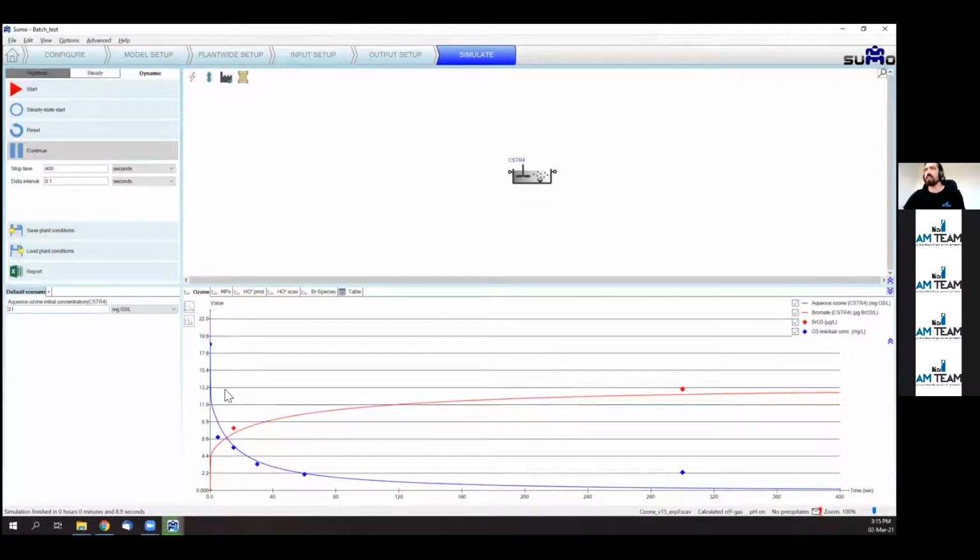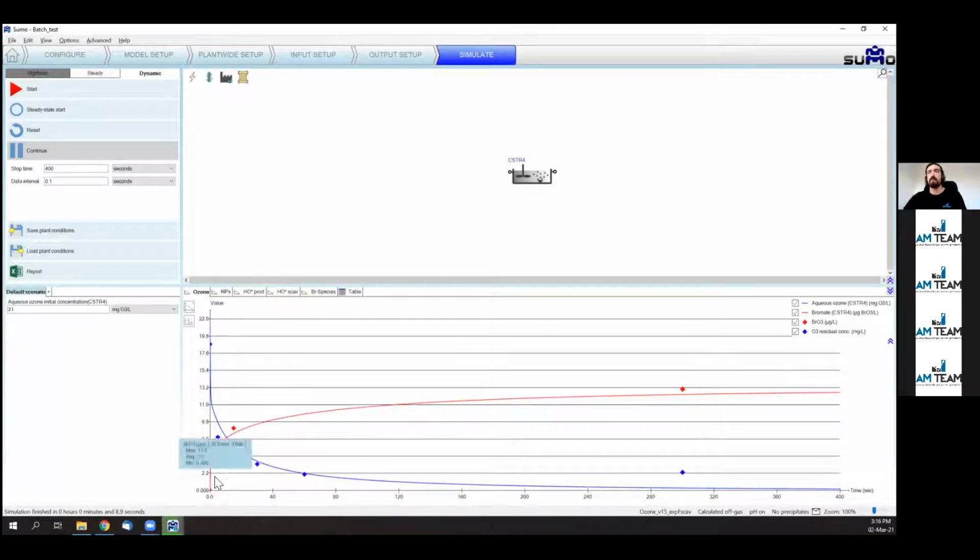And then you can see the ozone profiles dropping very fast in the initial stage. Why? Because the ozone dose reacts very fast with the organics and the water matrix. And then when the fast reacting part is finished, it starts reacting with the harder part to be degraded of the organics, and also with the inorganic matrix, and then it starts decaying in time.